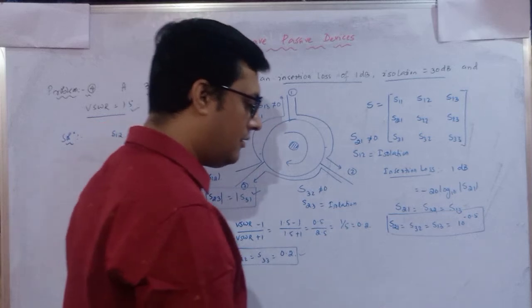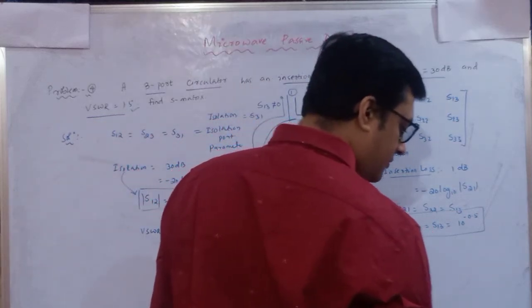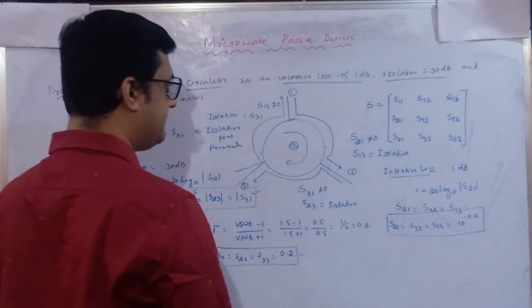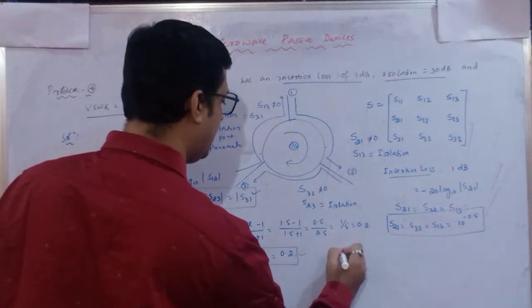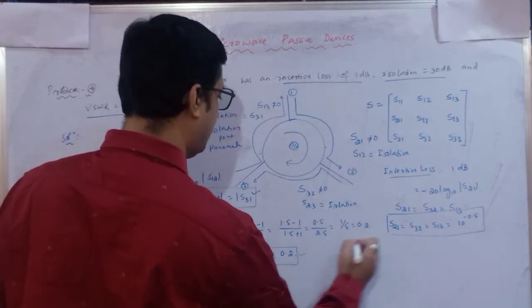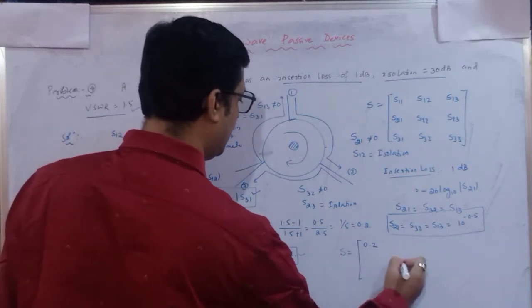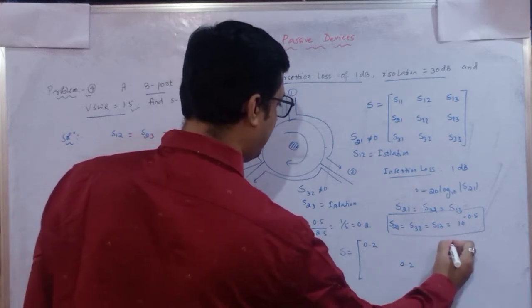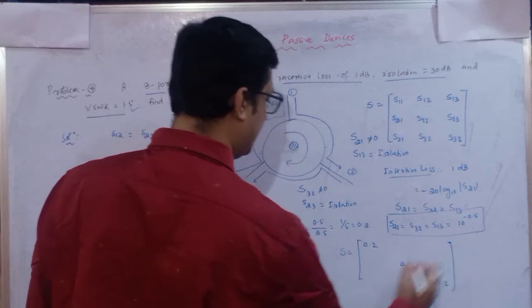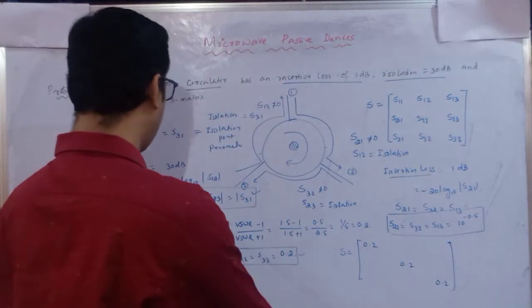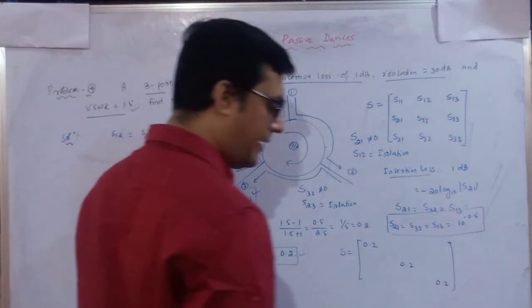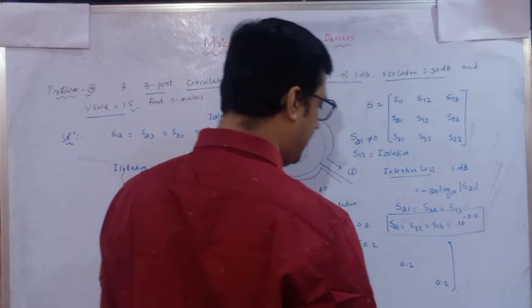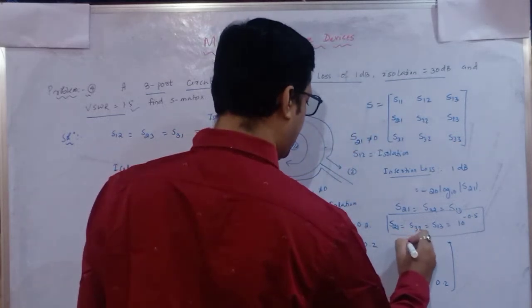Okay. So I can write the S matrix: S11 is 0.2, S22 is 0.2, S33 is 0.2, all the diagonal elements. S12 is how much? 10 to the power minus 1.5, which is 0.32.